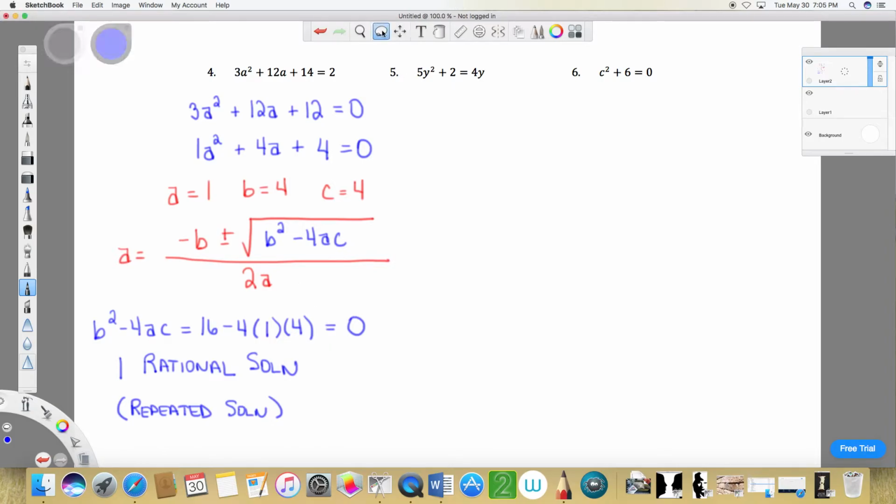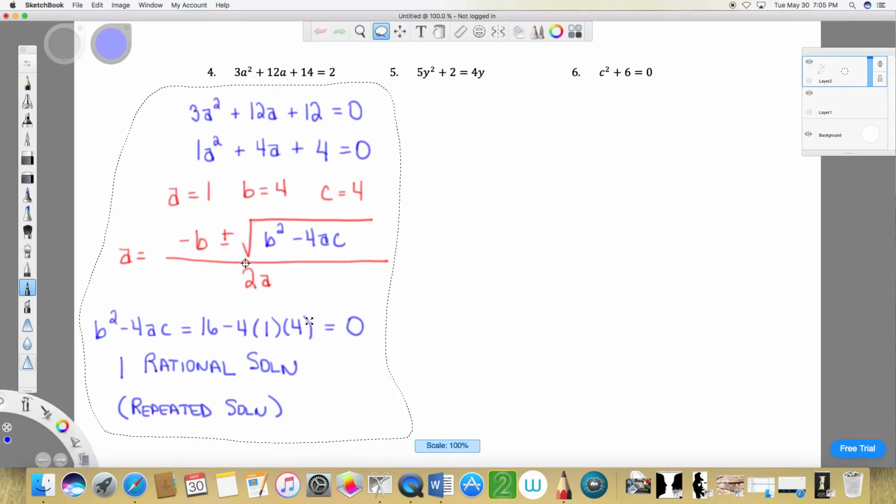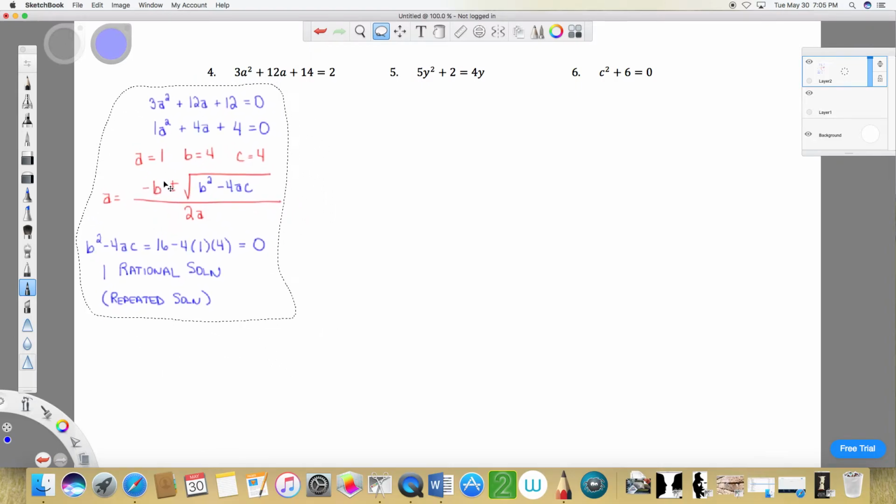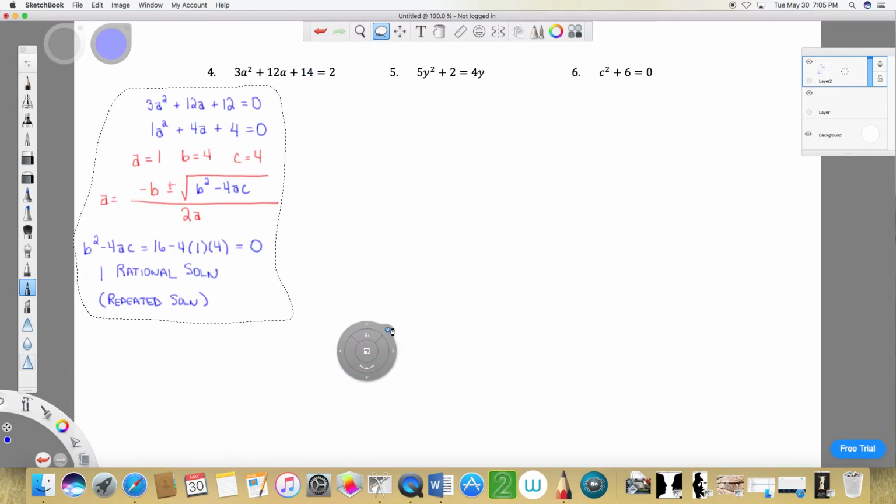Let's shrink this up and take a look at number 5. All right. Number 5 is not in standard form, so let's rewrite it in standard form.